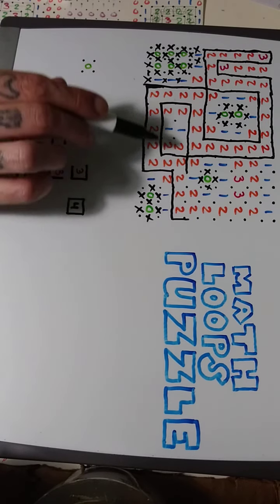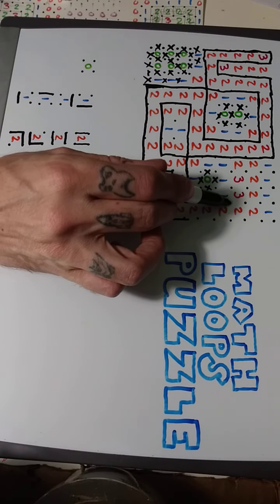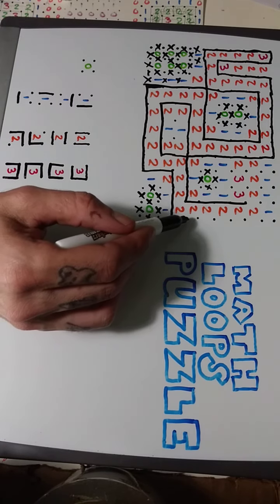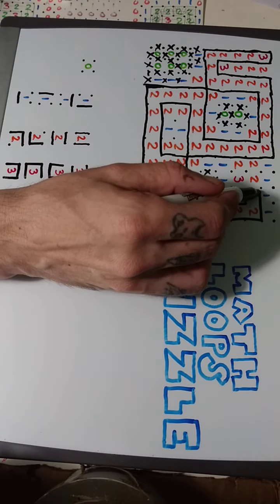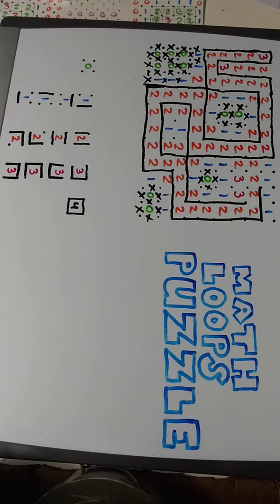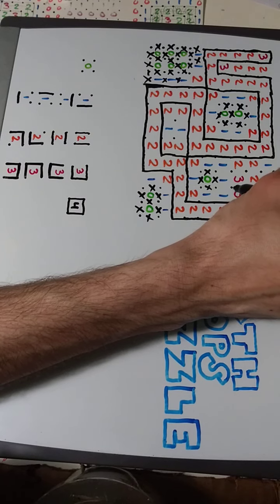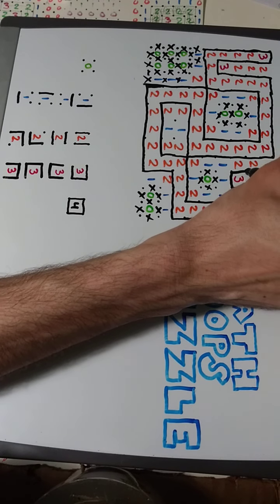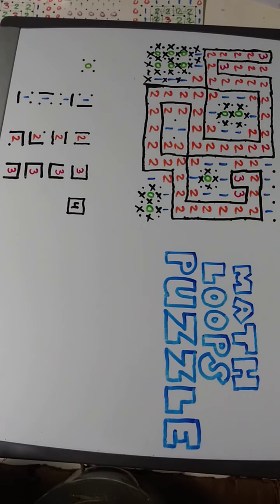Bottom right corner for that too. And go up to here, over, and this 3 has 3, this 3 has 3, at the top left corner for that too.